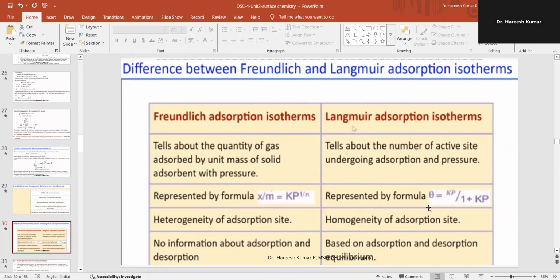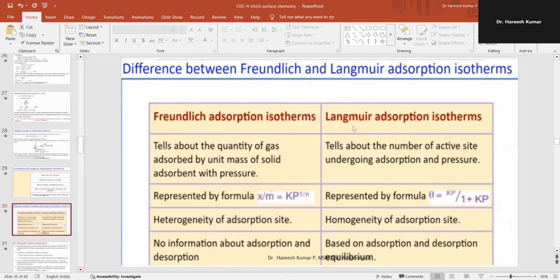Langmuir adsorption is represented by the formula theta is equal to kP upon (1 plus kP). Freundlich assumes heterogeneity of the adsorption sites, Langmuir assumes homogeneity of the adsorption sites. Freundlich gives no information about adsorption and desorption, while Langmuir is based on adsorption and desorption equilibrium.